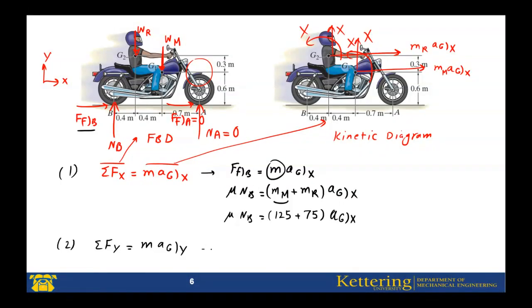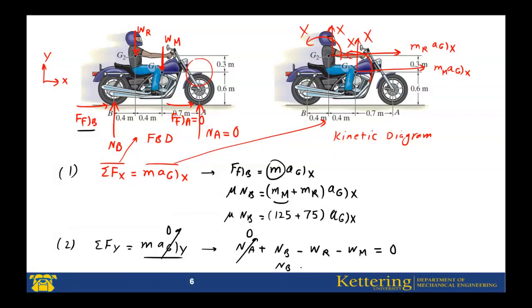If I rewrite this, normal force of A plus normal force of B minus weight of the rider minus the weight of the motorcycle equals 0. You will see that this one is 0. Now, also this one is 0.